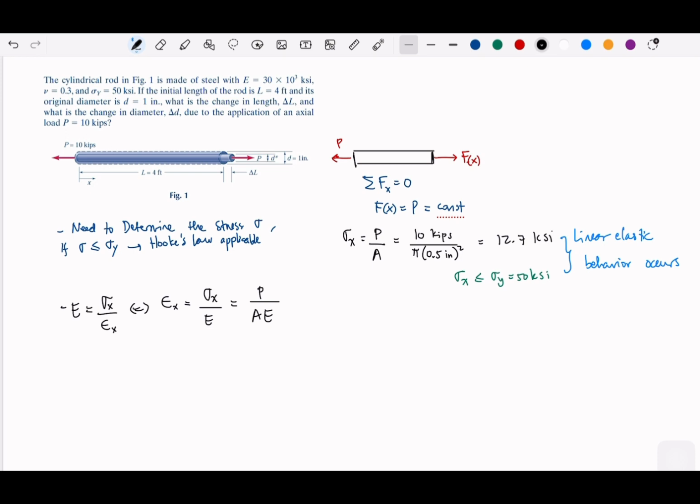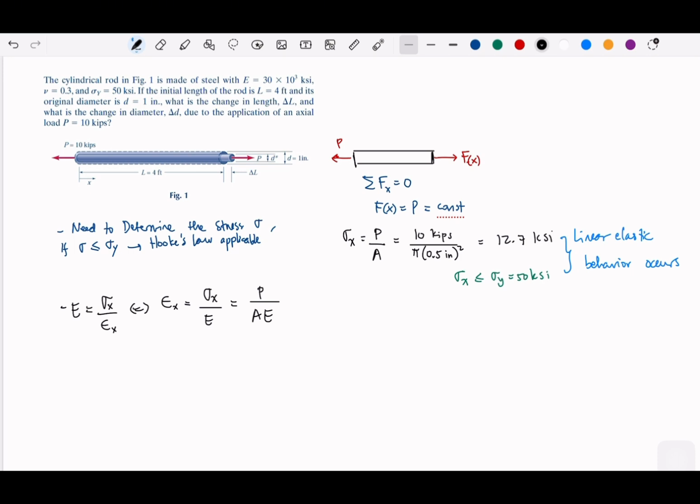That's for the strain in the x-axis. And then from the Poisson ratio, we could assume the transversal strain as a radial strain here, because this is a rod like a cylinder. So we can imagine this is the transversal, and this is the longitudinal, the horizontal one. And then we can use the Poisson ratio, which is 0.3.